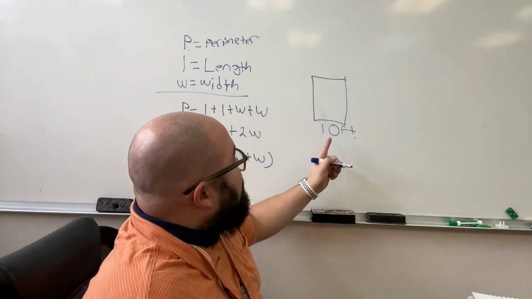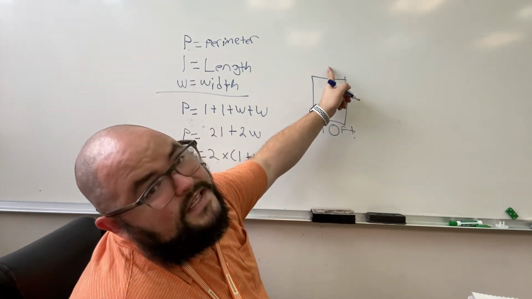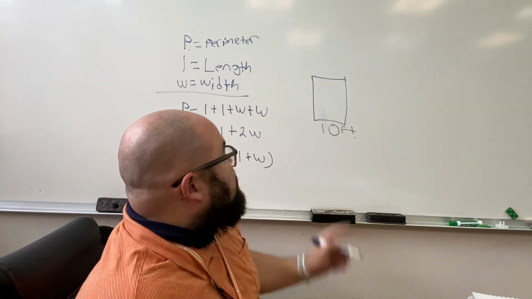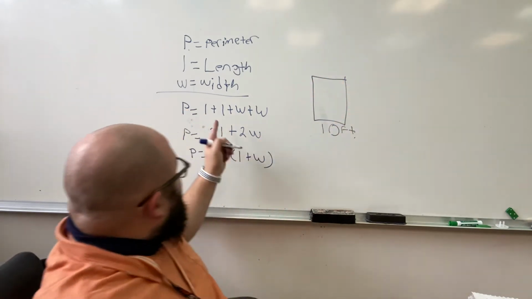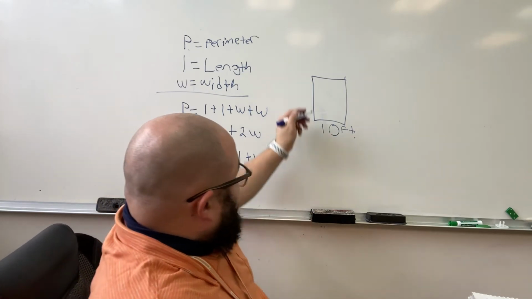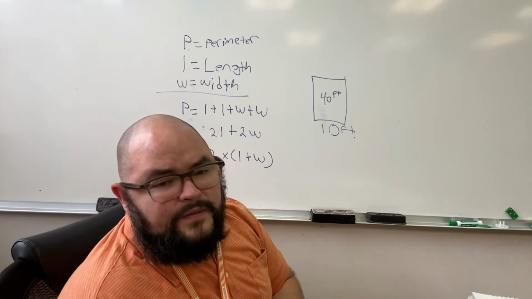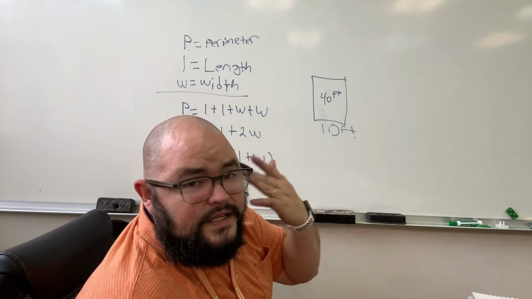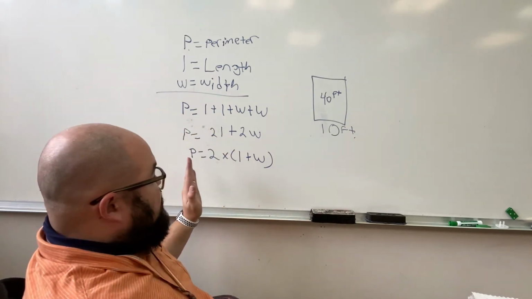So if this is 10 feet, this has got to be 10 feet. And that means this is 10 feet. And that means this one is 10 feet. So we can count by tens. That's easy, right? 10, 20, 30, 40. That's how we got it. So this one is 40 foot square. That's one we just made up really easy using simple numbers. That way we can kind of get it in our heads and know what we're doing when we use our formulas here.